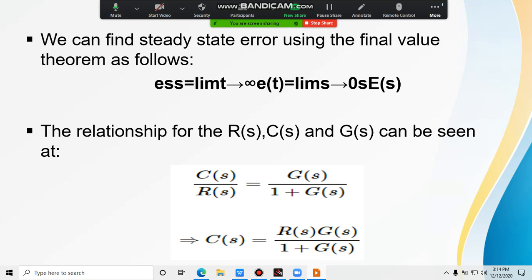The relationship for R(s), C(s) and G(s) can be seen as C(s) over R(s) equals G(s) over 1 plus G(s). So we will get C(s) equals R(s) times G(s) over 1 plus G(s). Okay, then I will pass to the next presenter. Thank you.